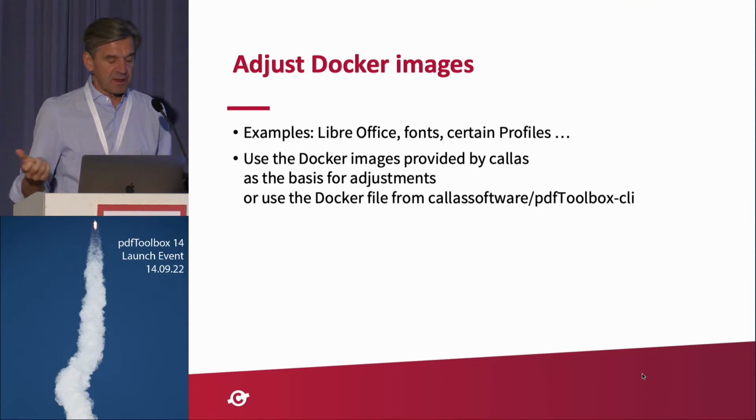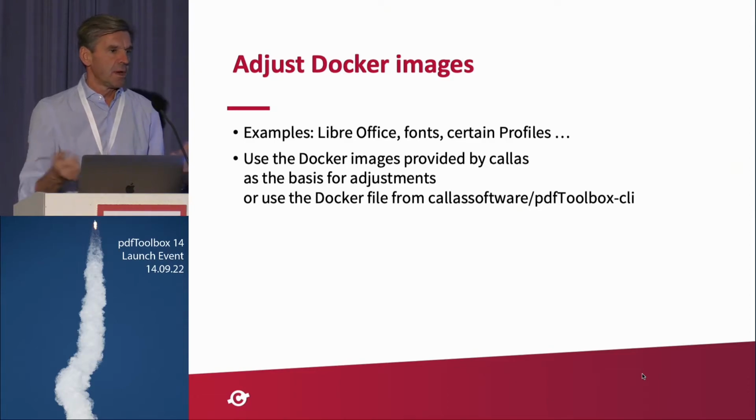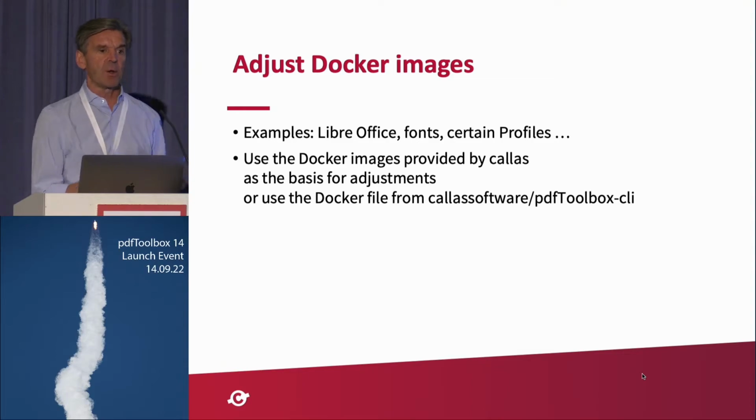But in some cases, you may say, it's not enough for me. For instance, a common example would be, I need LibreOffice to be in that image because I don't just want to process PDF files. I also want to process Office files, and I want these Office files to be converted in pdfToolbox to PDF. And then what you want to have is a Docker image that not just includes pdfToolbox, but would also include LibreOffice.